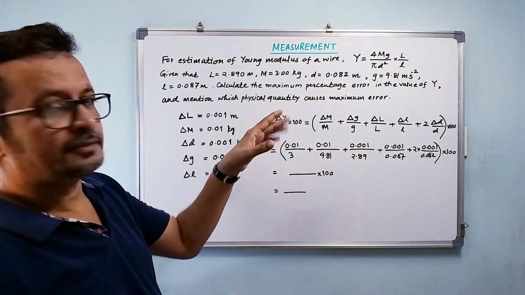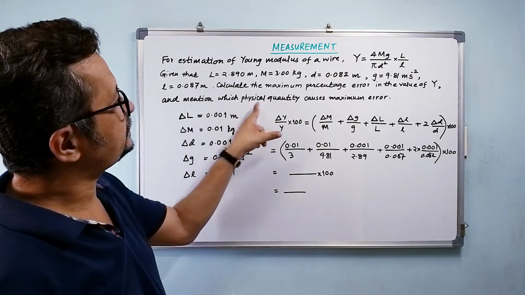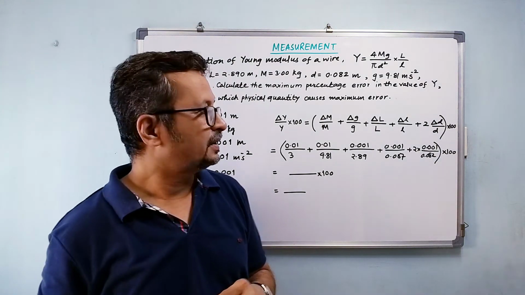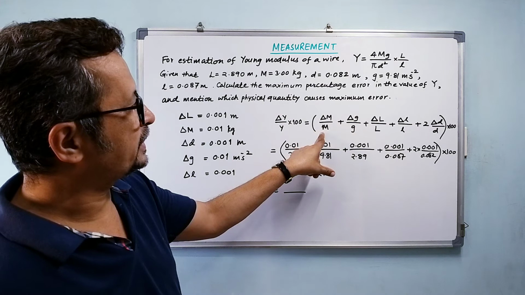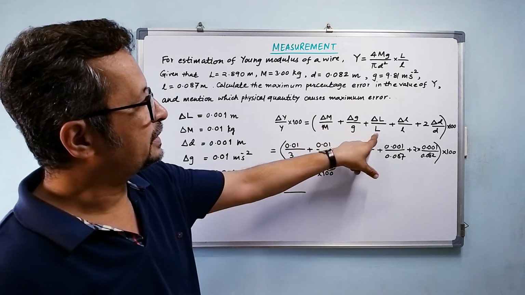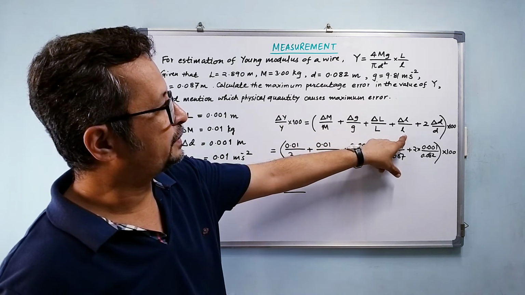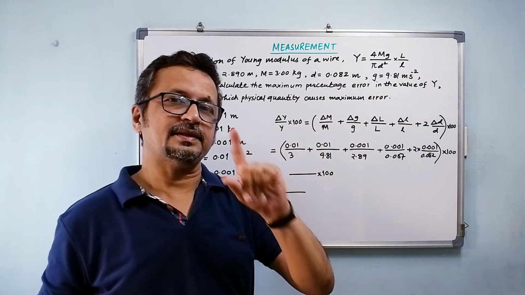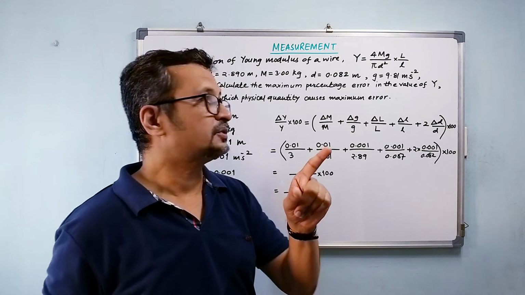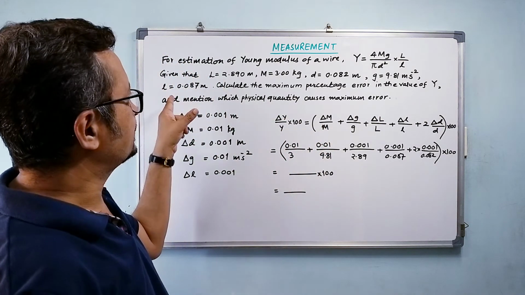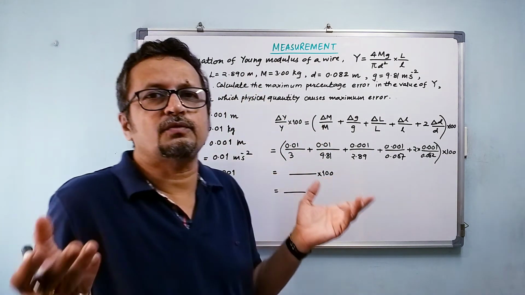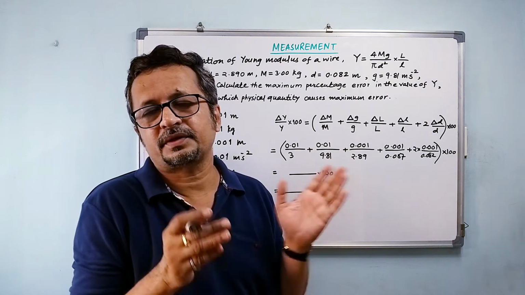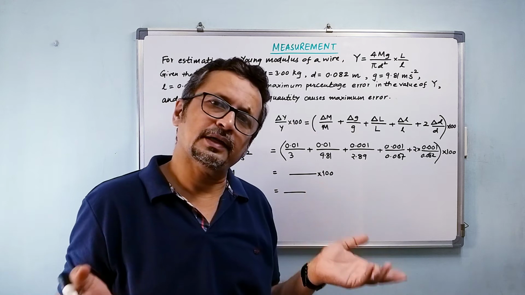Now the second part of this question is to mention which physical quantity causes maximum error. Here you can see delta M upon M, delta g upon g, delta L upon L, delta small l upon l, but here I have twice delta D upon D. Okay, they have just given me the formula and the symbols and the values.